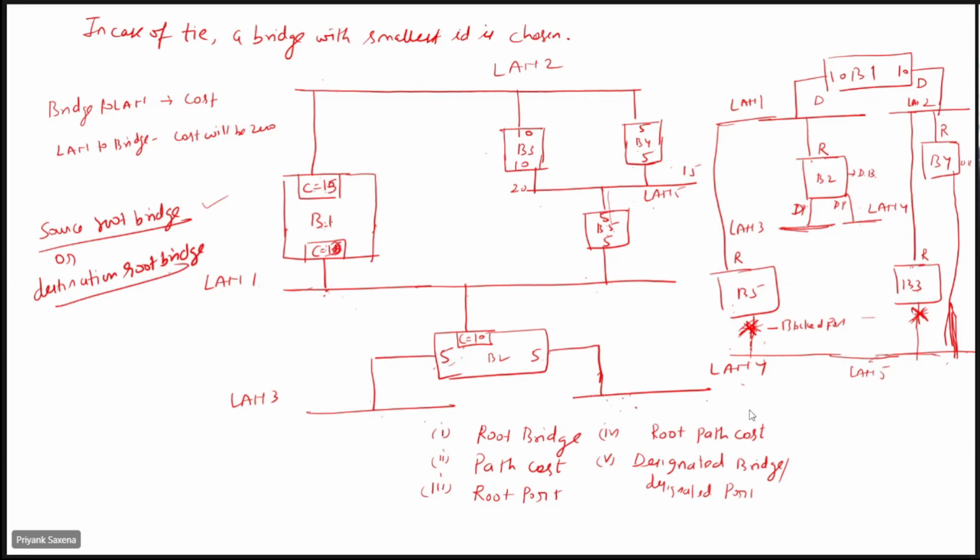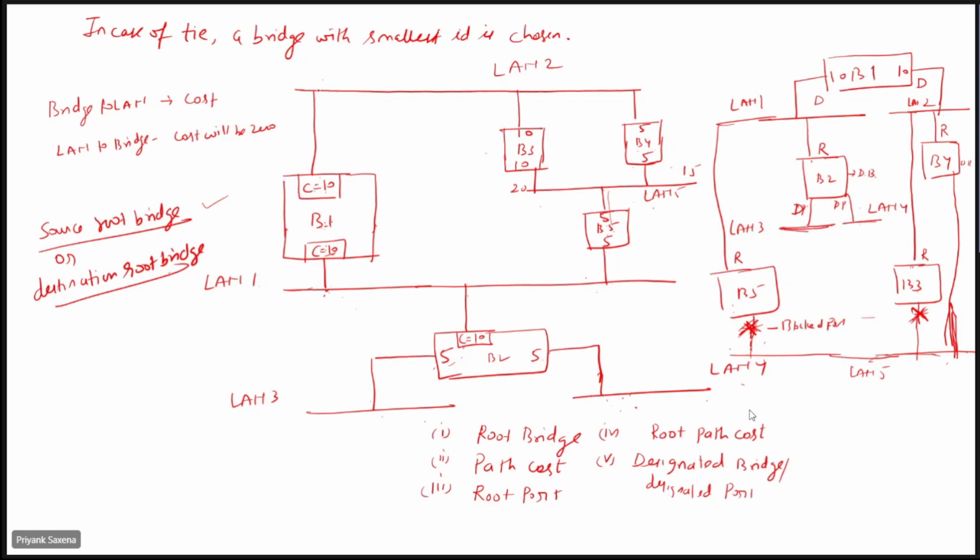That makes the difference when you take the source root bridge or the destination root bridge. In the destination root bridge, all other bridges will be source bridges, and from that bridge it will terminate at this bridge B1. Generally, why have I marked this kind of port?